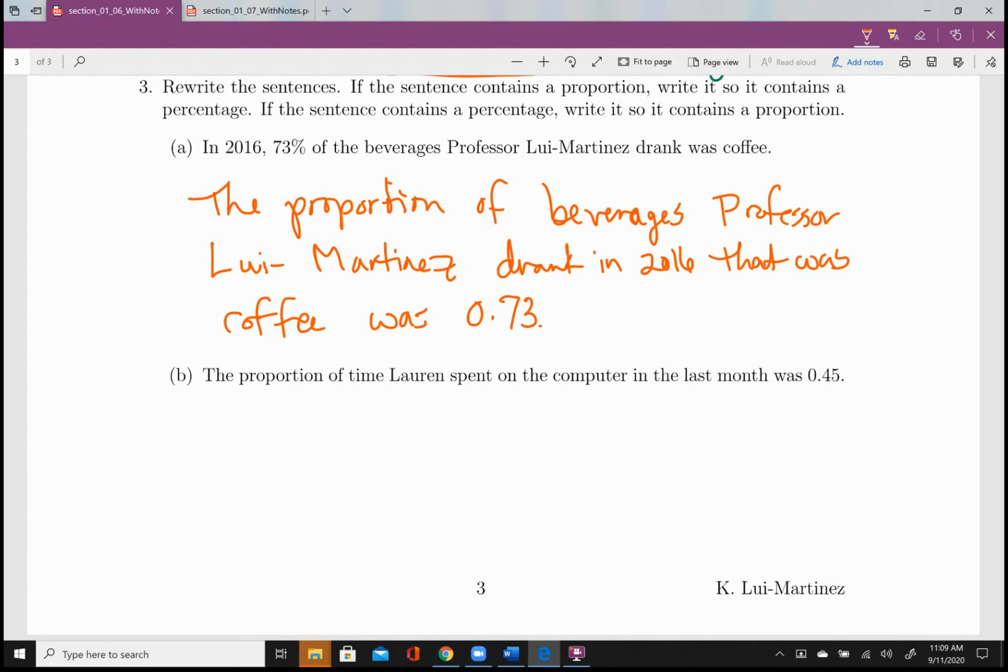Cool. Or you could have 73 over 100. That would be perfectly fine as an alternative value to represent the proportion version of 73%.